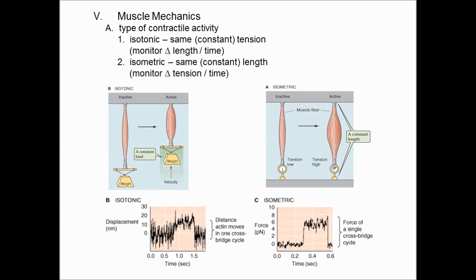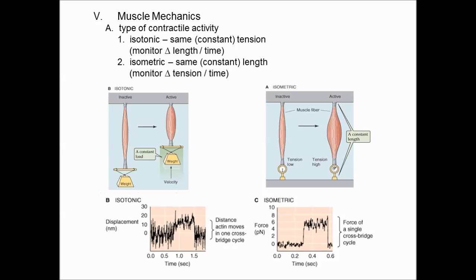I thought I'd review just a little bit before we get into the lecture from last time, because it's some pretty important material, and I kind of sped through it like I usually do with the last lecture. So just to remind you, isotonic is the mechanical characteristic of muscle, called same tone, where the muscle lifts a weight and is able to shorten.